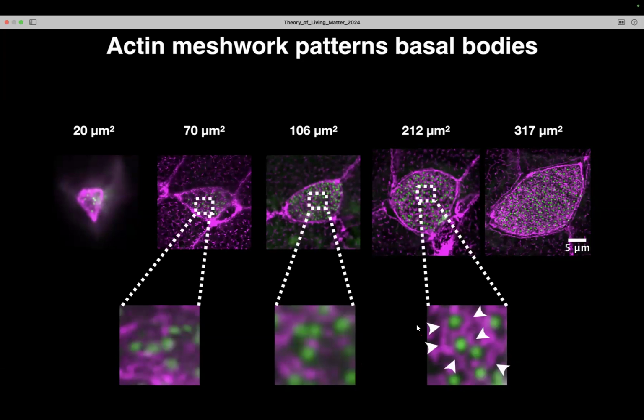And towards the larger sizes of apical domain, for example, 212 micrometers squared, we start seeing a more regular pattern of basal bodies, and in fact we see this reorganization of actin around the basal bodies. You can think about it as some sort of pocket in which the basal bodies are embedded, in which the basal bodies are sitting.